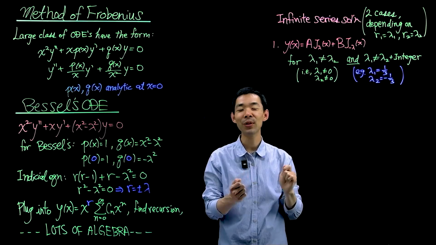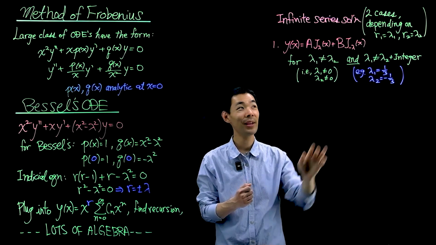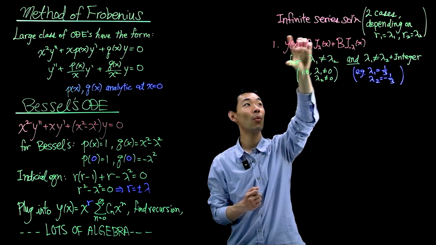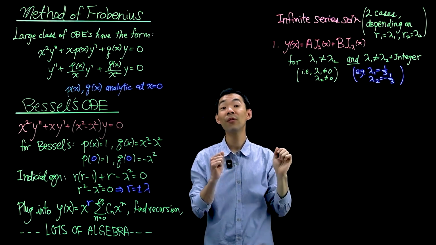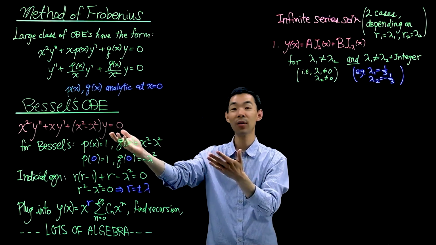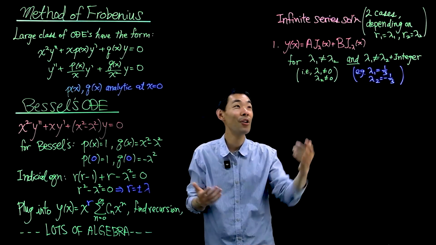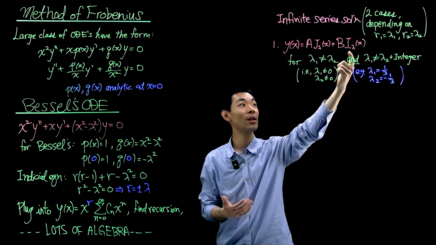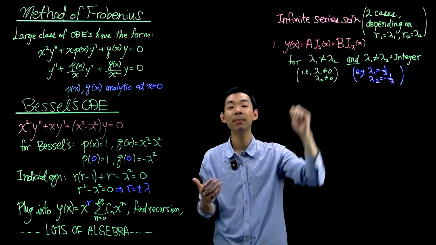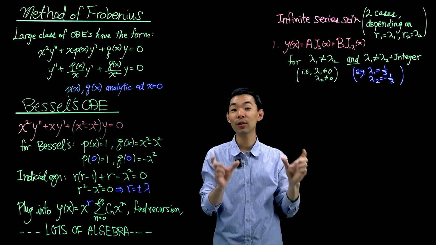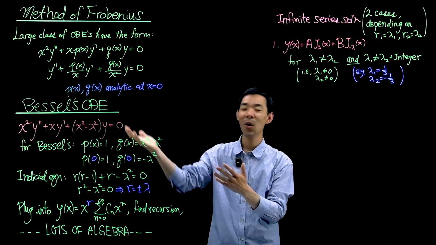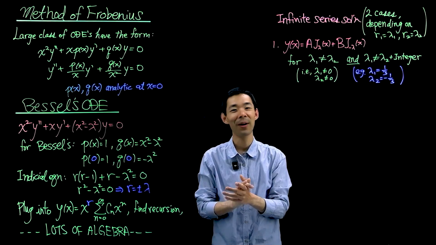Those would form your two linearly independent solutions, and we would tack on constants of integration, a and b, and so your y of x would be your full two linearly independent solutions to this second order ODE. Just like how you might put sine x and cosine x with a and b out in front. So a sine x plus b cosine x. Those would be your two linearly independent solutions for the Cartesian coordinate ODE that we've already covered so far.